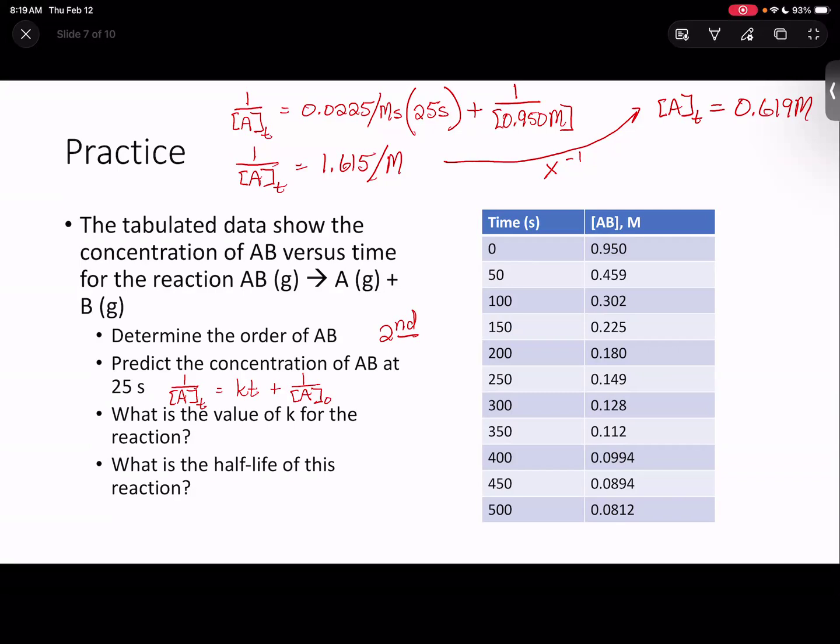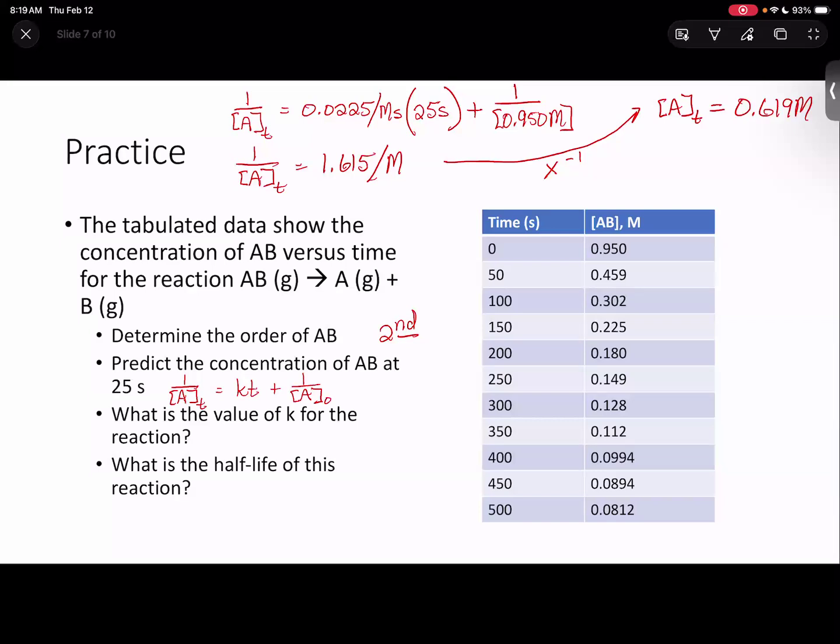One of the key things I will say is in this particular case, we were dealing with a rate constant of per molar second.